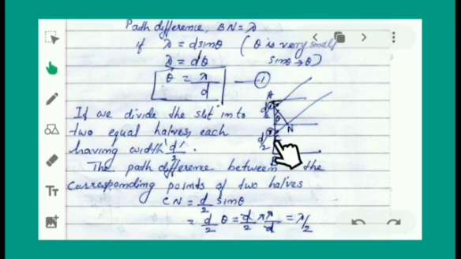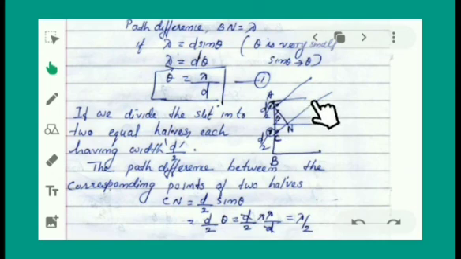Now here interference occurs when more than one source is there. Here we have a single slit, so we divide the slit into two equal halves, each half of width d by 2. This is the first half and this is the second half. Each part of the first half and second half sends out wavelets.